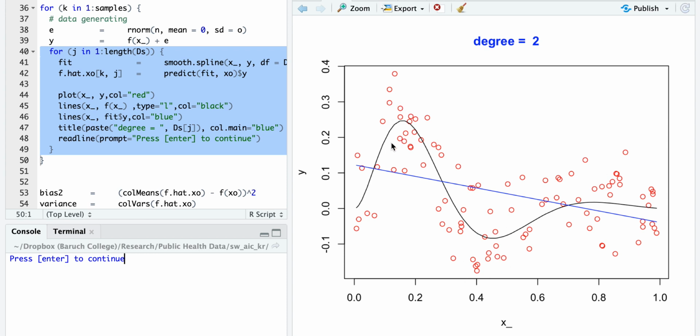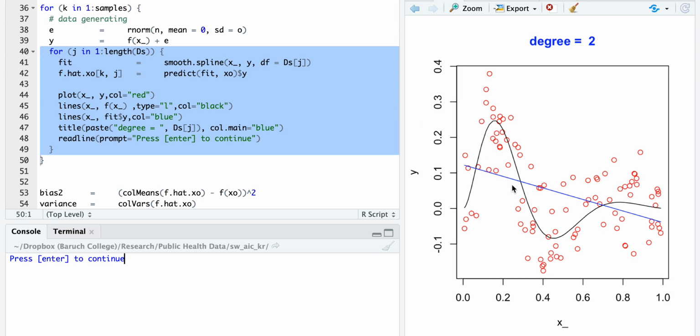This is a synthetic data example, so we know what the truth is, but this is very useful for illustrative purposes. Degrees of freedom is 2, so it's a line. A line has an intercept and a slope. Now we have something quadratic, cubic.